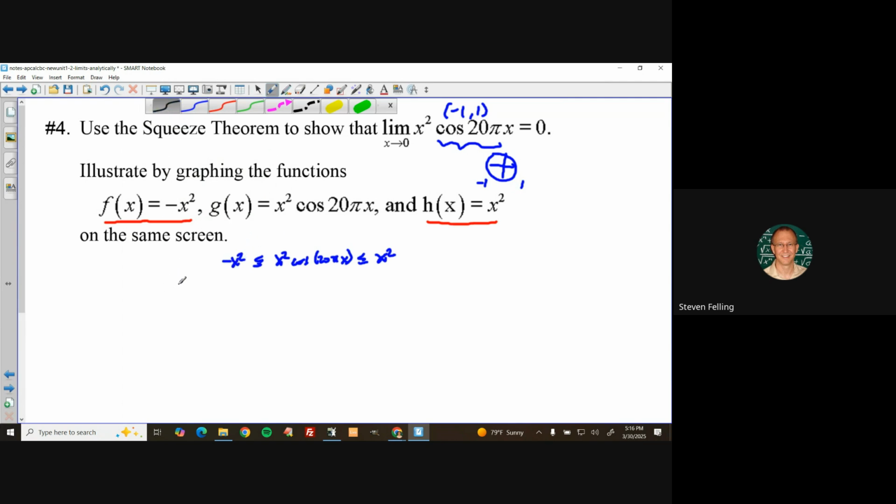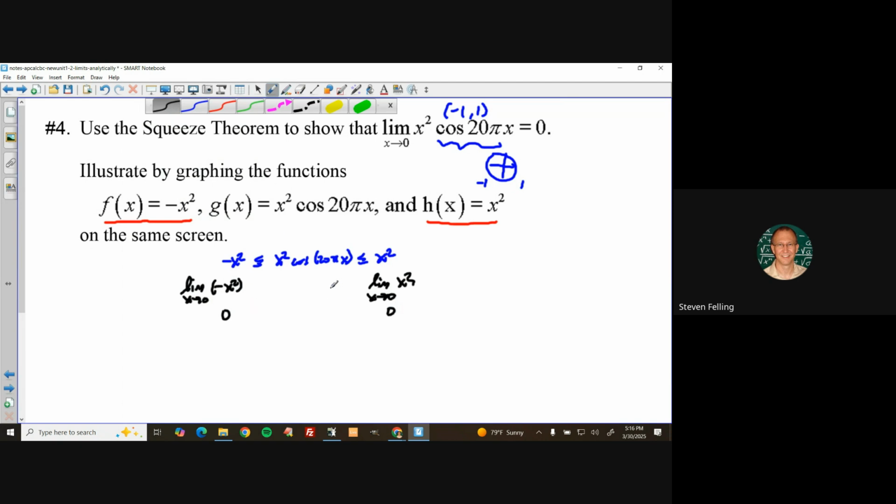Right? And then you can also say the limit as x approaches 0 of negative x squared, we can evaluate by plugging in. If I just plug a 0 in here, I get 0. And this simple function here, the limit as x approaches 0 of x squared, gives me 0.